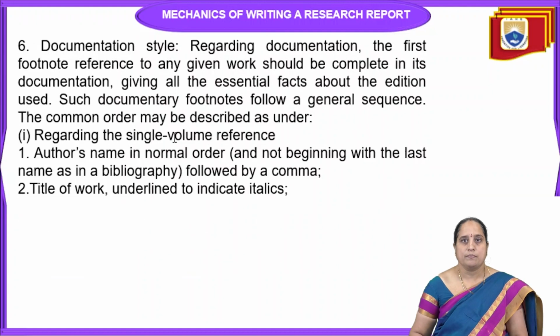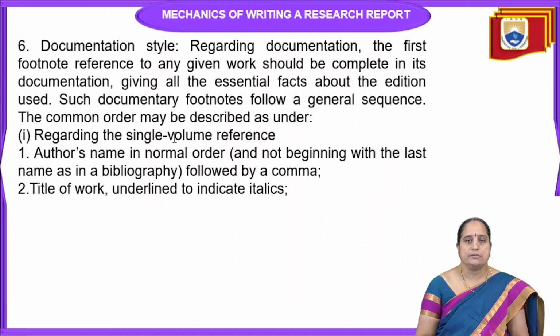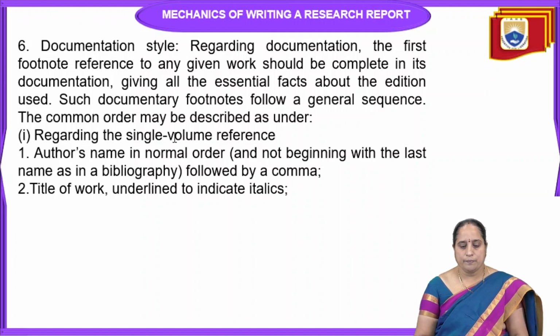Coming to the documentation style, regarding documentation, the first footnote reference to any given work should be complete in its documentation, giving all the essential facts about the edition used. Such documentary footnotes follow a general sequence, and the common order may be described as under regarding the single volume reference.